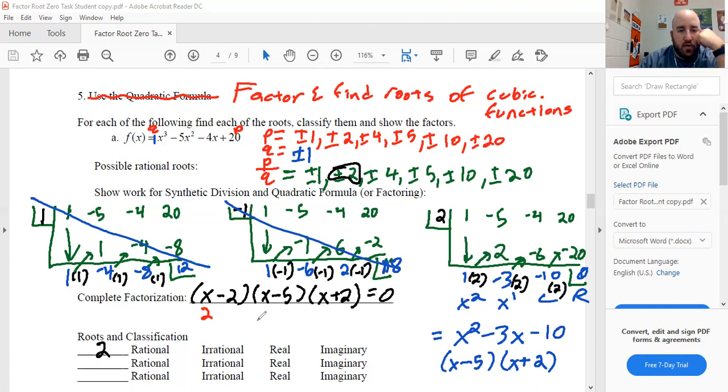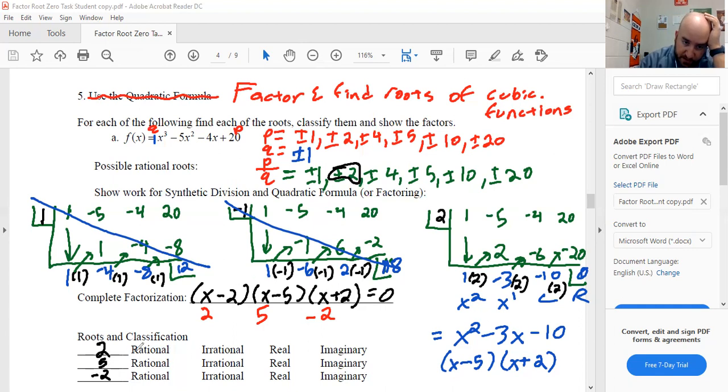All right, so these are my three factors now. To get our last two roots, it's kind of the same thing we did here. What's going to cancel out negative 5 is positive 5. What's going to cancel out positive 2 is negative 2. So my three roots are 2, 5, and negative 2.